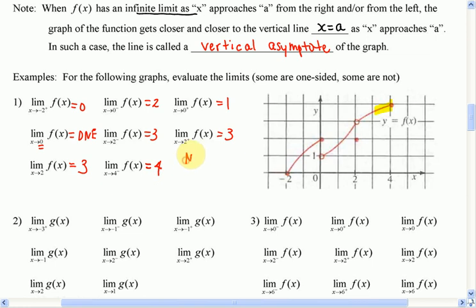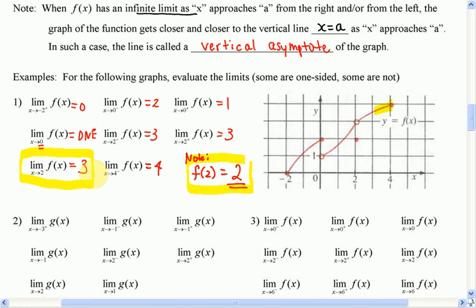By the way, note just a really quick thing here. What's f of 2? Meaning, what is the y value when x equals 2? And the answer is 2. You're right. So notice when I compare this with this, they don't have to be the same. The limit as x approaches 2, meaning what happens when you get closer and closer to 2, is equal to 3.